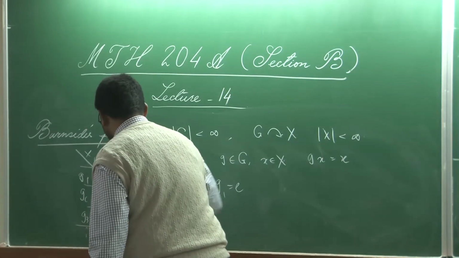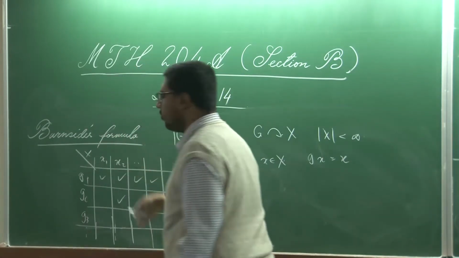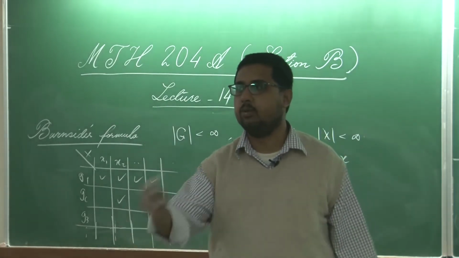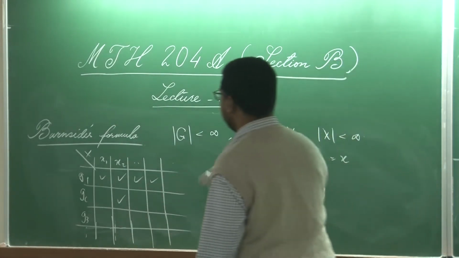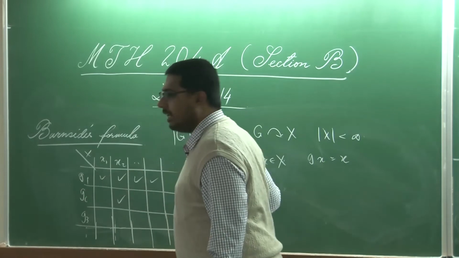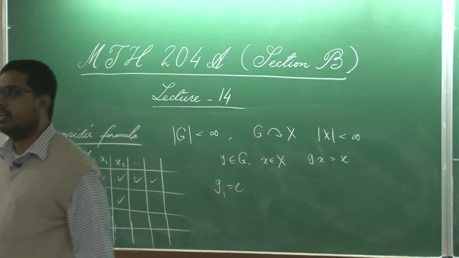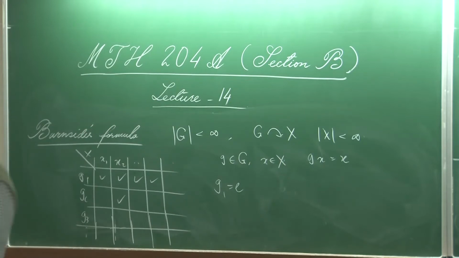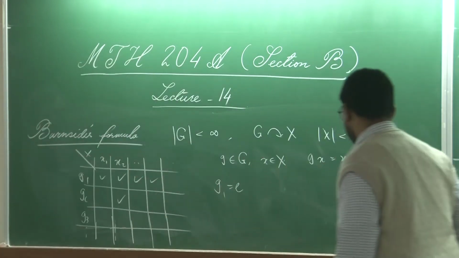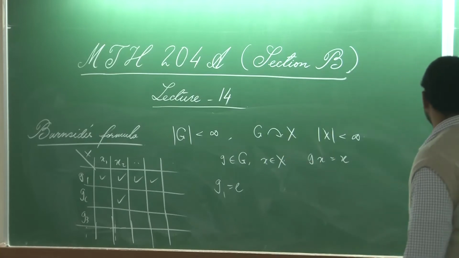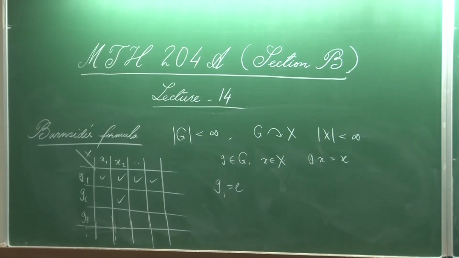What I am going to do is count the number of such ticks in two different ways. Either you count the number of ticks in each row and then take the sum, or I can do it column-wise. Of course I have to arrive at the same answer at the end.